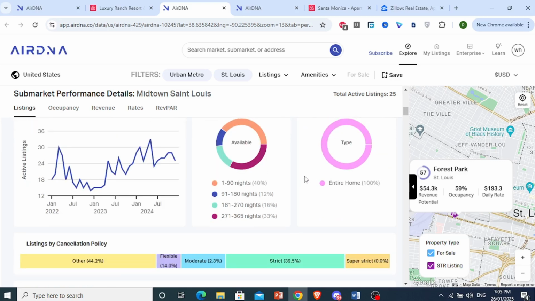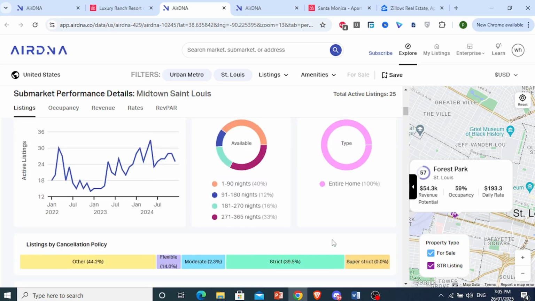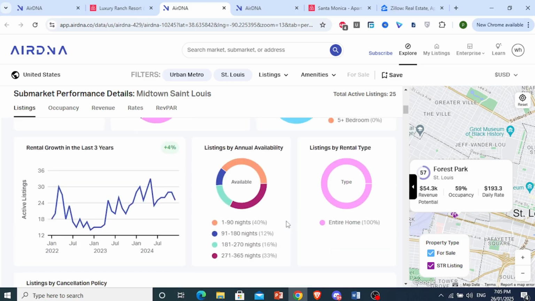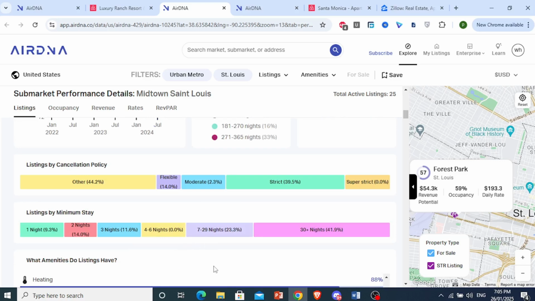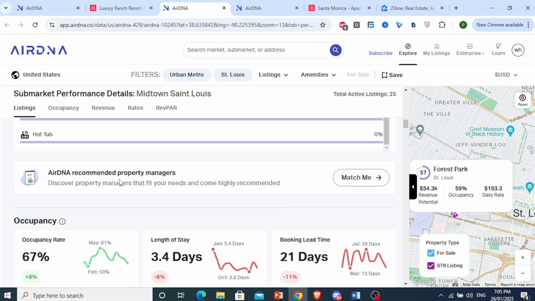Some people in other markets also list by rooms, private rooms. And you can see right here also, if you scroll down, these are the amenities that properties in this area tend to have. So you want to look for properties that have some of these amenities to give you a higher chance of renting them out.